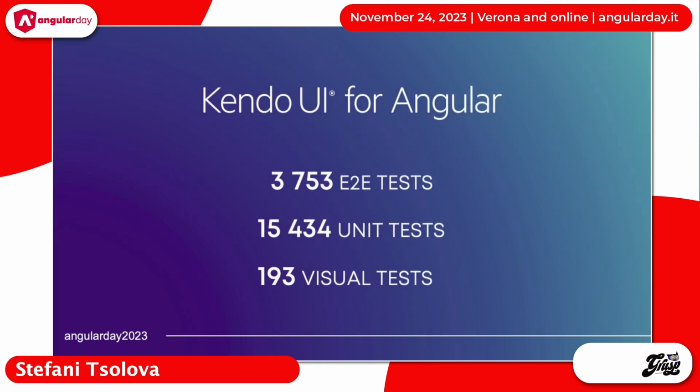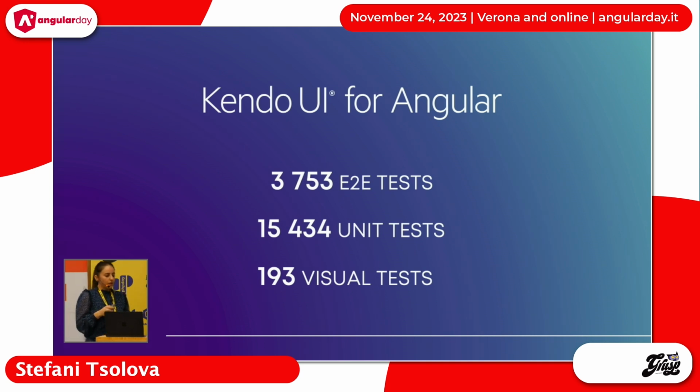Let's talk some numbers. This is the accurate number of tests that the library had about a month and a half ago, probably more nowadays. And if we look at a relatively medium package, let's say the drop-downs, it's not the biggest one, but it's not the smallest one, because the drop-downs are used in a lot of the bigger components.